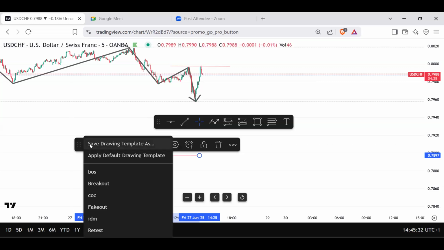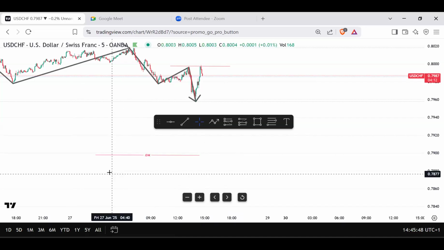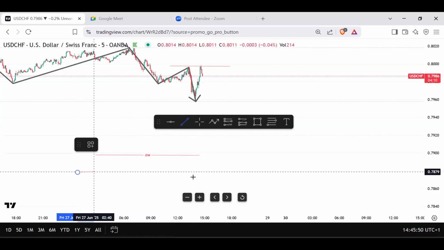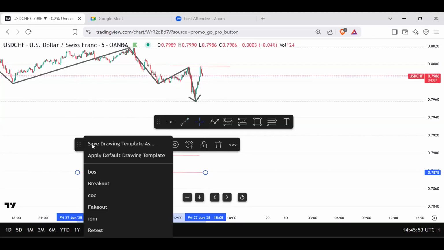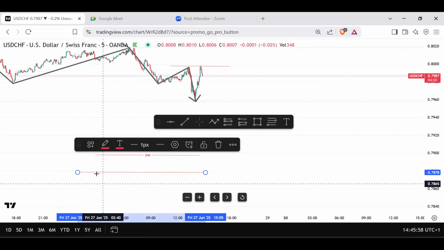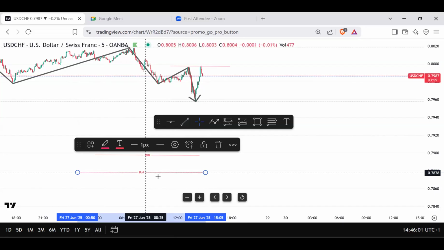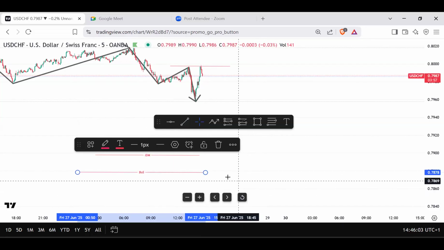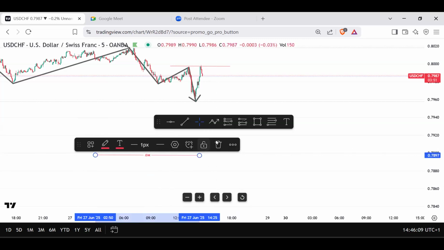When you click on this side, you'll be able to save drawing as a drawing template, and we can give it whatever name we want. Next time when you draw the line, instead of writing again, you just come here and select. So you can see this is saved. Good.